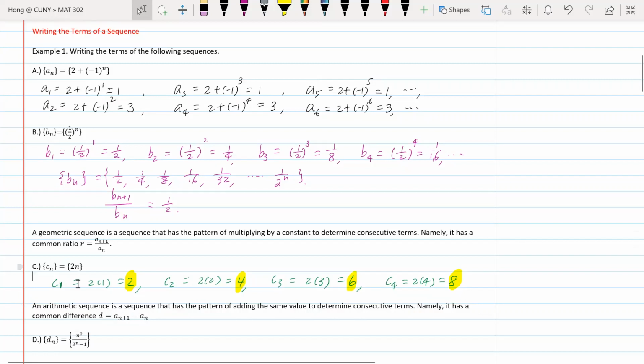So there's a common difference D between two consecutive terms of the sequence. And the sequence B, we call it the geometric sequence. They have the common ratio R equals consecutive terms. Okay.